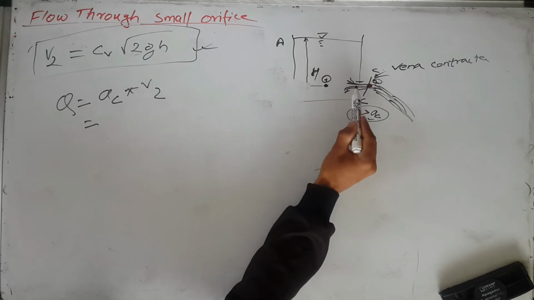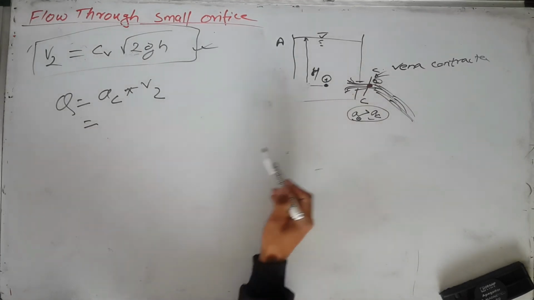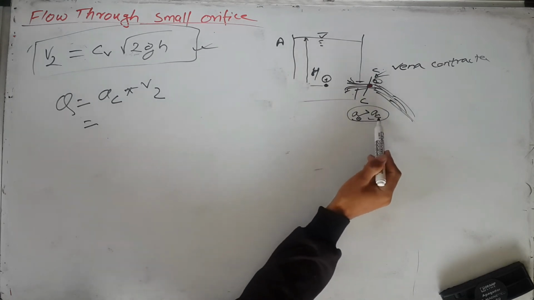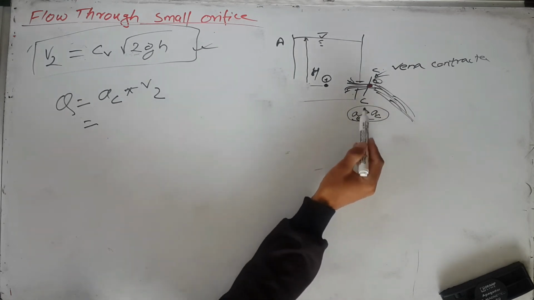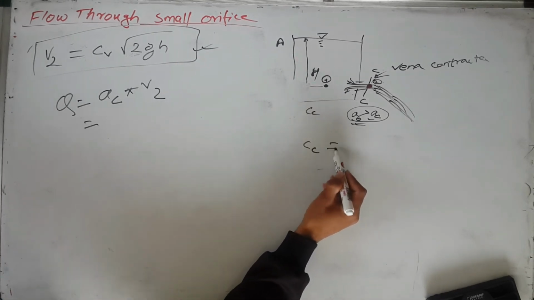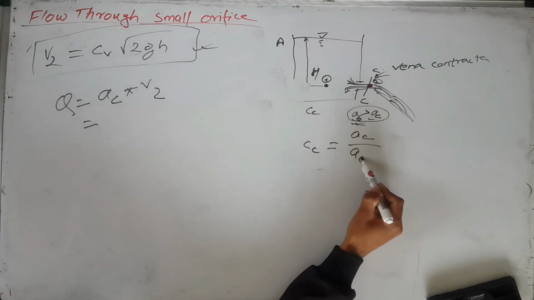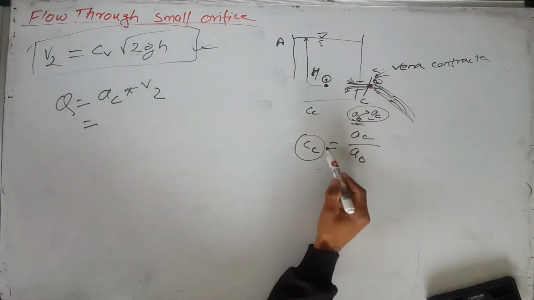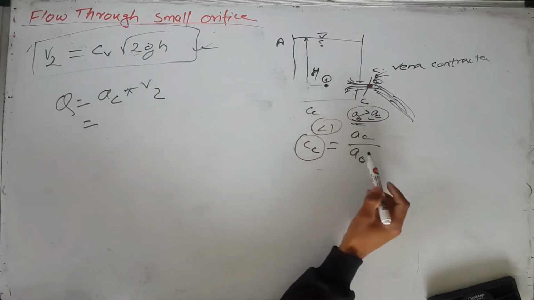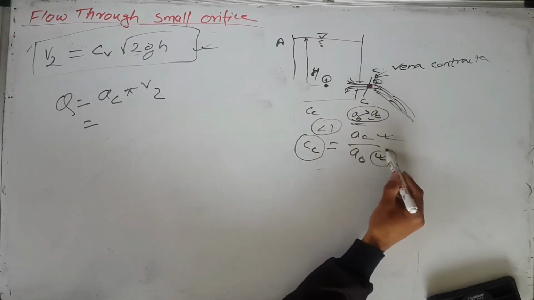If this is the area of orifice, let this be A0, and AC is the area of vena contracta, then we have CC equal to area of vena contracta upon area of orifice. This CC should be less than 1, since the area of vena contracta is less than the area of orifice.